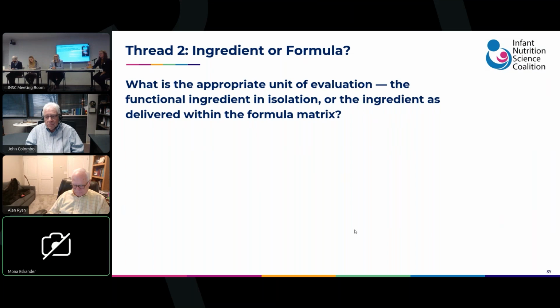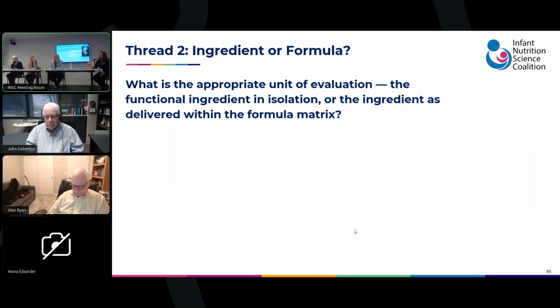So we need to decide on what measure we should be taking and what is the link of those endpoints to long-term clinical effect.